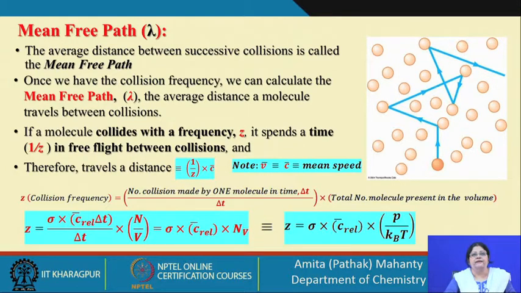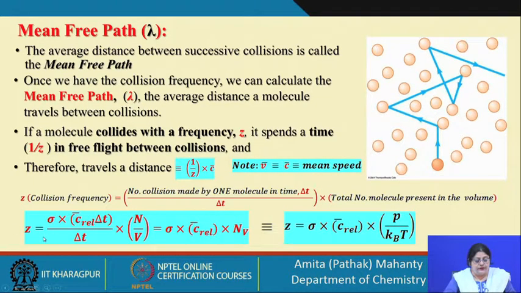Or you can look at this otherwise: the collision frequency z is equal to the collisions made by one molecule in time t divided by unit time, that is the rate of collision, into the total number of molecules present in the volume considered.